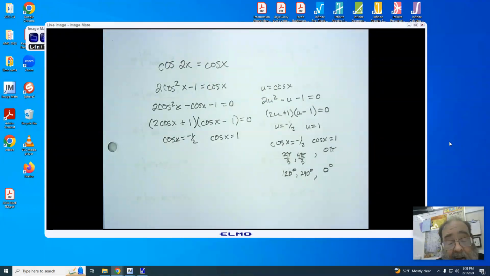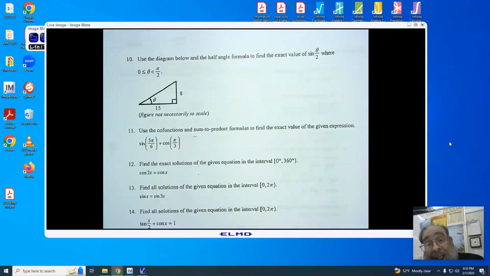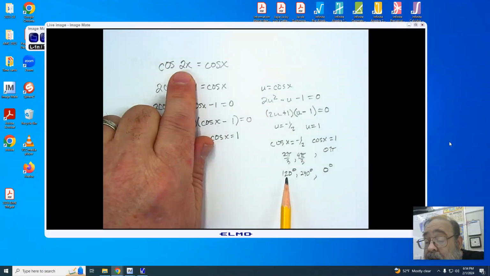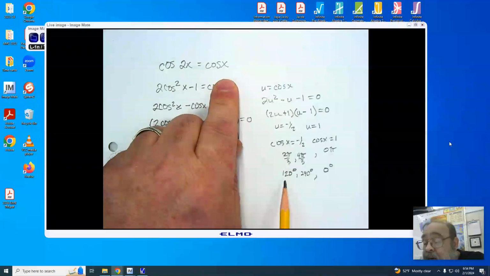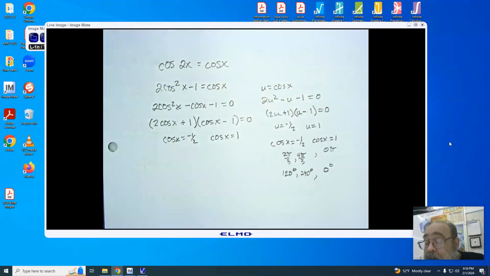Now, when I look at this, the reason why I went into degrees is because I noticed that the domain is from 0 degrees to 360 degrees. Be aware, I am going to check my answers. If I put in the cosine of 240 degrees, I know that that's a negative answer, and it's equivalent to the cosine of 240 degrees. They have to be equal.